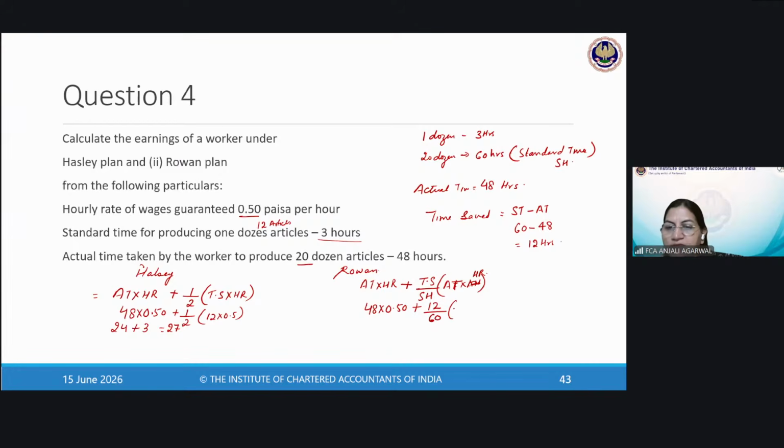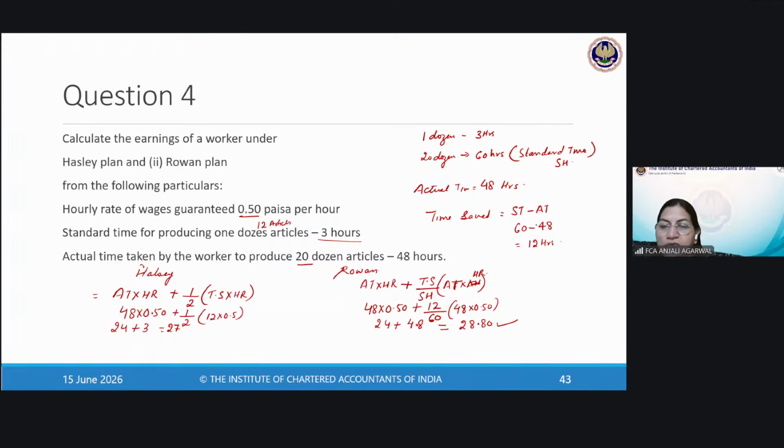So 20% of the wages he will get extra. 24 plus 20% of 24, 4.8. He ends up getting 28.80. So you see, Rowan gives more incentive as compared to Halsey.